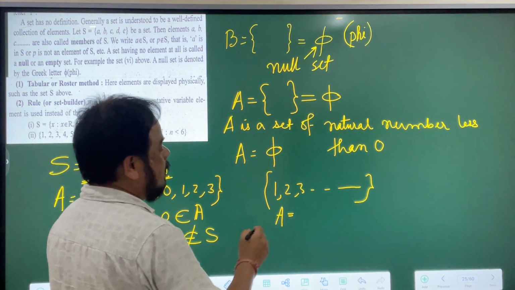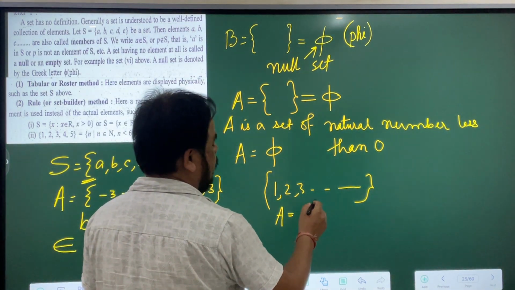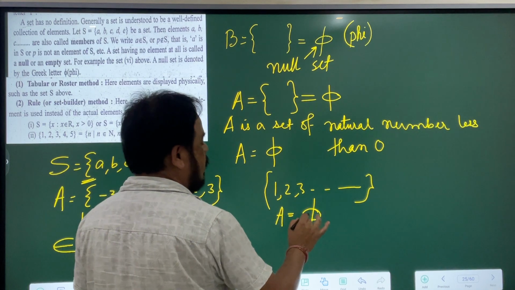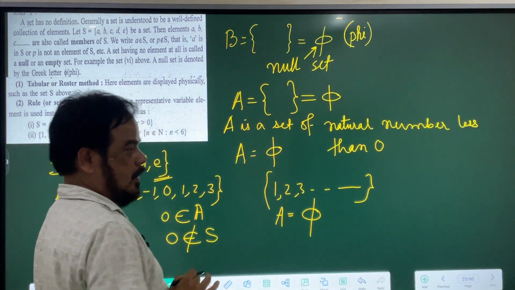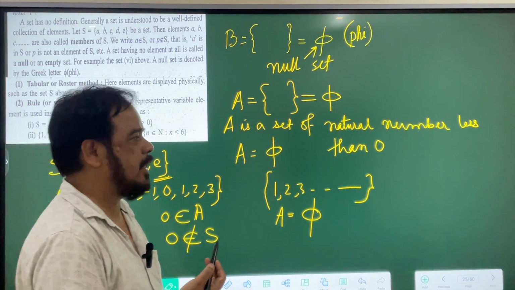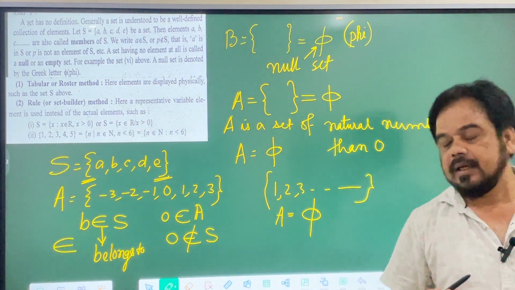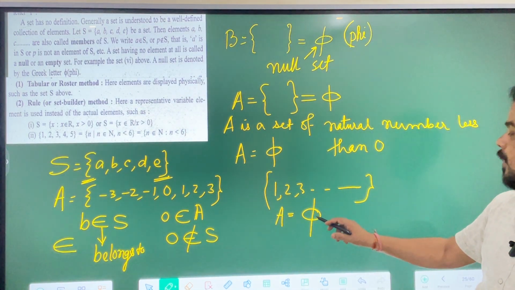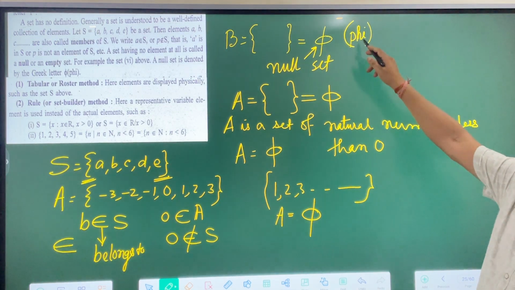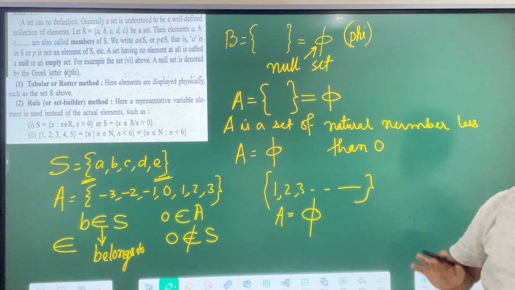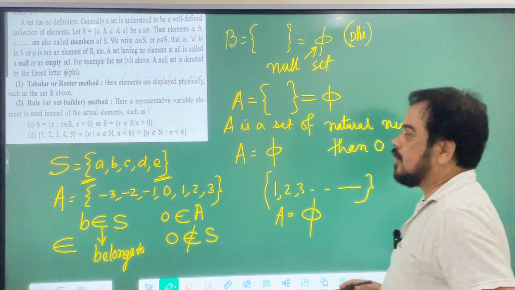So in that case, the name of the set is A, suppose, and the number of elements will be 0. This way, if you don't get any elements, then that will be called null set and denoted by this symbol. The name of this symbol is phi, and phi is a Greek letter.